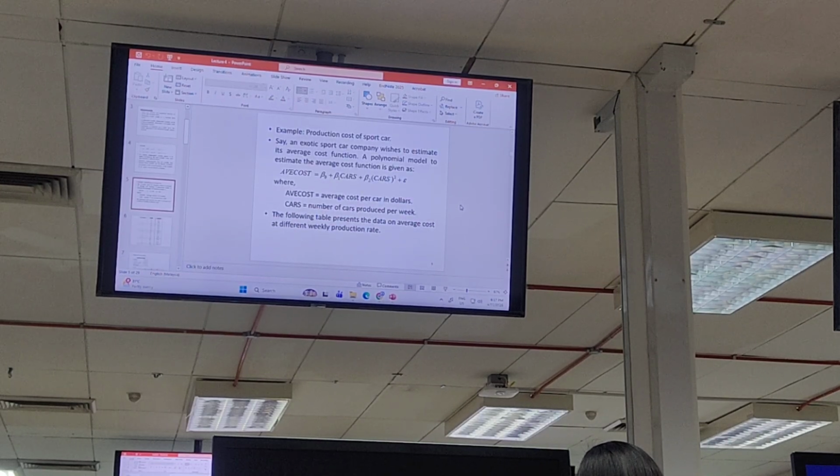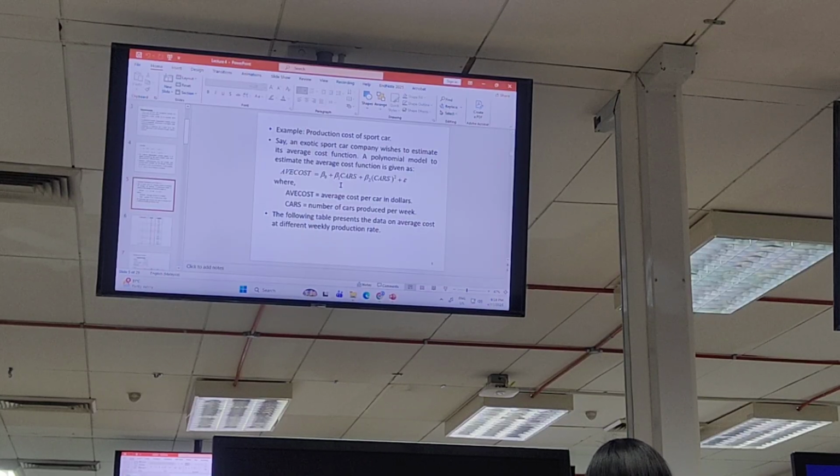Here is an example where we can use a polynomial function to estimate the relationship between variables. The example is the production cost of a sport car. Say an exotic sport car company wishes to estimate its average cost function. A polynomial model to estimate the average cost function is given by this.